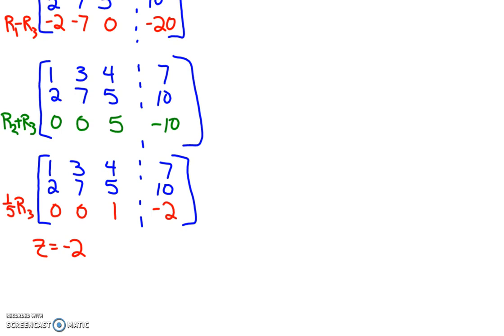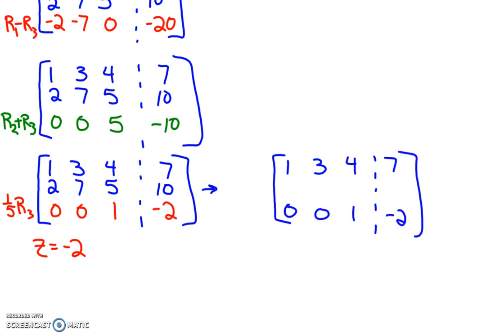So then what we can do is rewrite this matrix here, and I'm going to leave the first one alone, and I'm going to leave the third one alone. But for the second row, I'm going to take negative 2 times row 1 and add that to row 2.